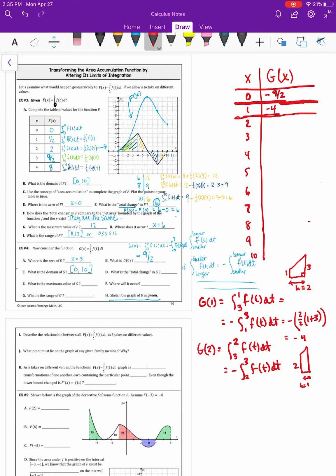Our base 1 is 2. Our base 2 is 3. So this is going to be negative, height divided by 2 times base 1 plus base 2. So negative 5/2. And then our g of 3, we said was 0.